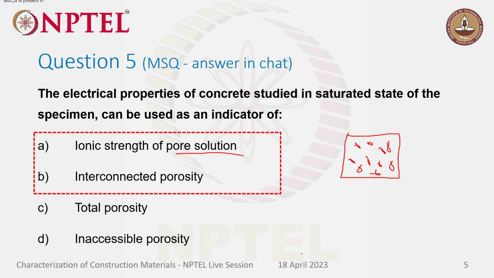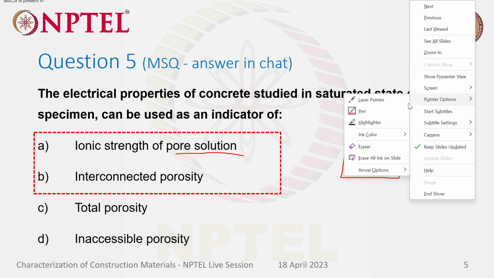And with that solution, we'll be able to understand which ions are more in the particular cement system, and how it can affect the durability properties or concrete quality. If you have added some fly ash, what changes it had made to the pore solution composition, right?